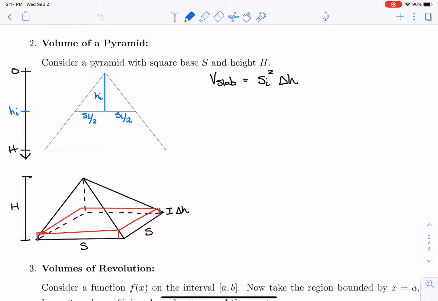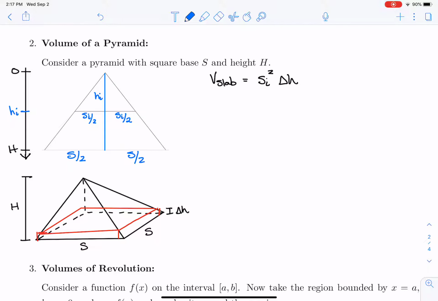I'm going to extend this all the way down so that half of the base is capital S over 2, and the other half of the base is capital S over 2. And we know that the height is capital H. So I want to form a relationship between S sub I and H sub I.